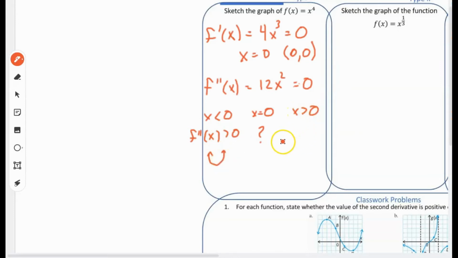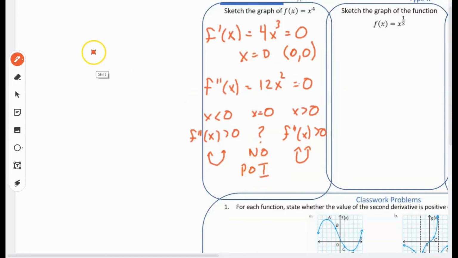Well, when x is greater than 0, so is the second derivative. It's also greater than 0. So we still get a concave up shape. So we didn't switch from up to down or from down to up. It stayed as up. So that means we have no point of inflection.